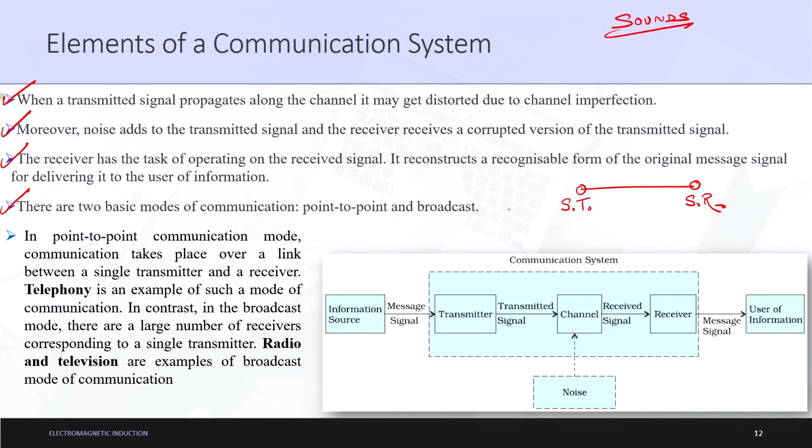It is quite evident, let us say you call a person using a mobile phone. You are directly in call with the other person, who receives your call, and then you pass your information. So, this is the single transmitter and this is the single receiver. That is why telephony or telephone equipment is nothing but a point to point communication mode.